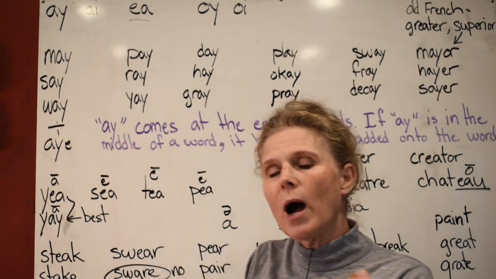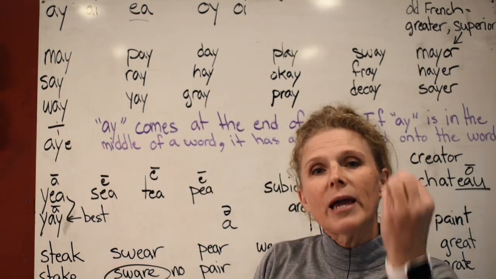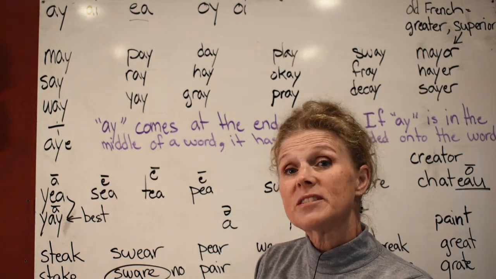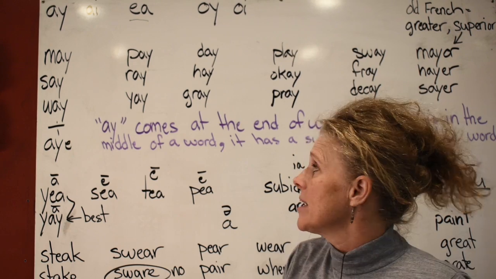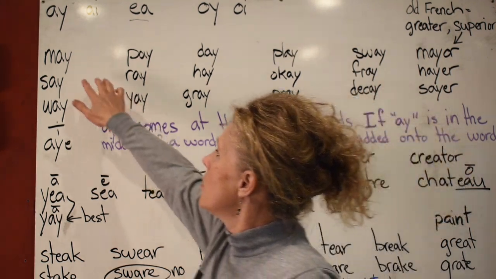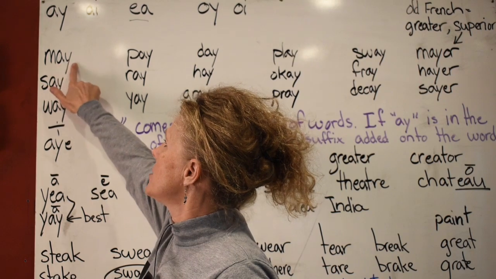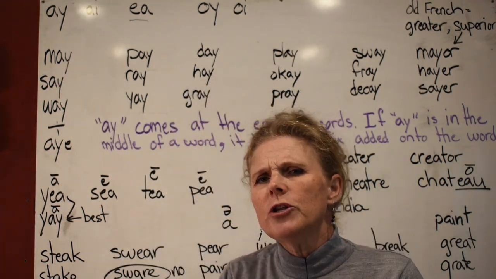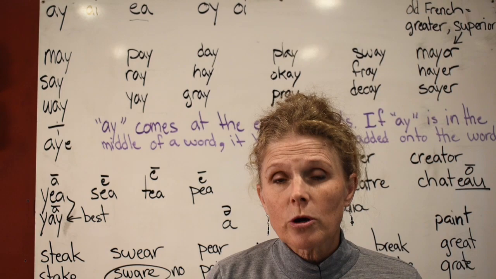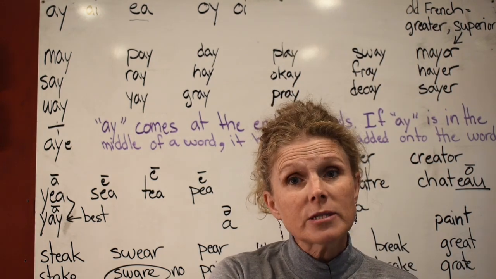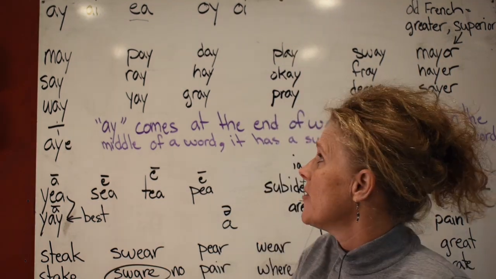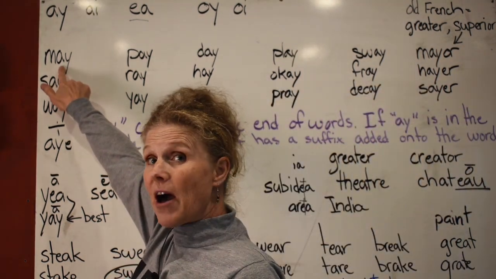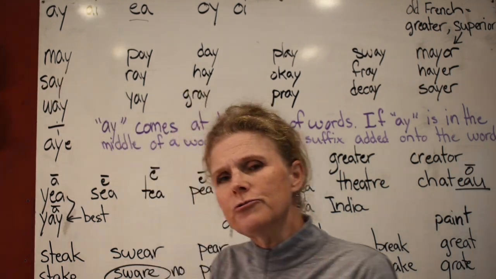If you see AY in the middle of a word, then you know it is a base word with a suffix added onto it. When you're adding on a suffix, you do not change the Y to I. When you see a Y in so many words, and you're adding on a vowel suffix, you're going to change that Y to I and add on your vowel suffix. But if you have a vowel in front of your Y, you do not do that.